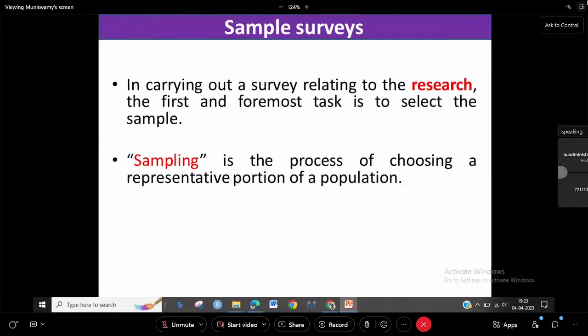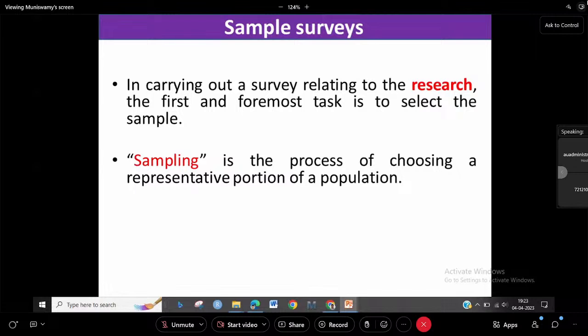That's why we adopt sample surveys. We need not study each and every item in the universe, just observe a part of it.